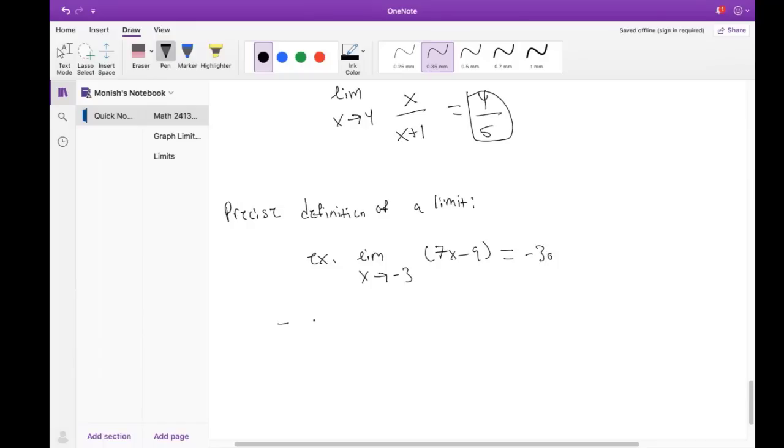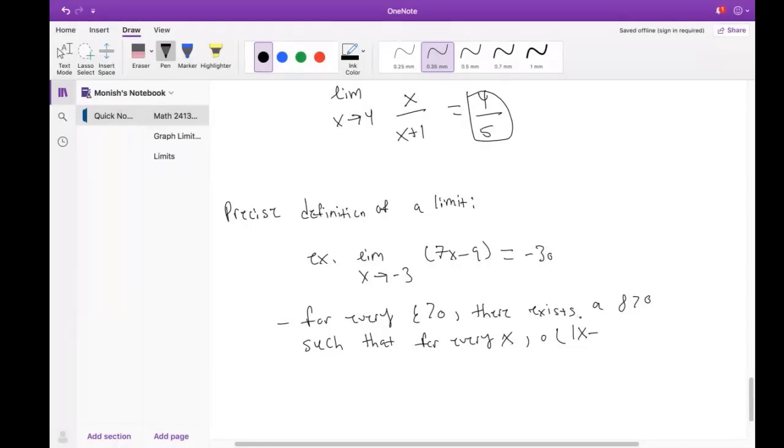The statement you have to write out is for every epsilon greater than 0, there exists a delta greater than 0 such that for every x, 0 is less than the absolute value of x minus the limit, less than delta, and the absolute value of f of x minus L is less than epsilon.